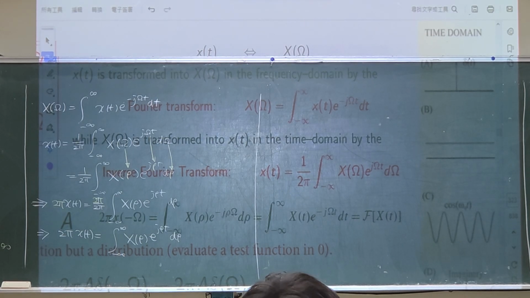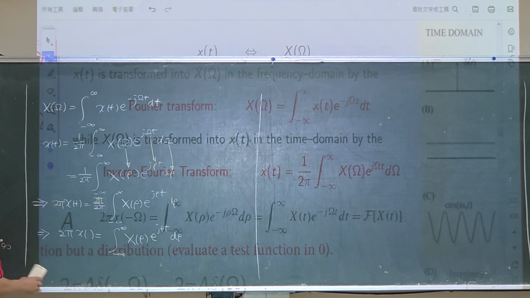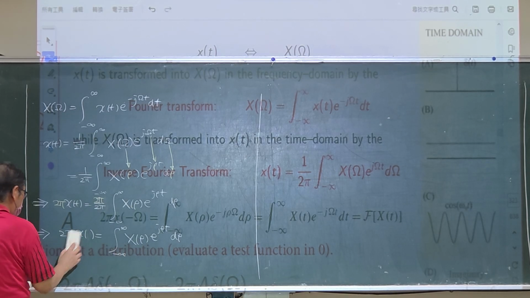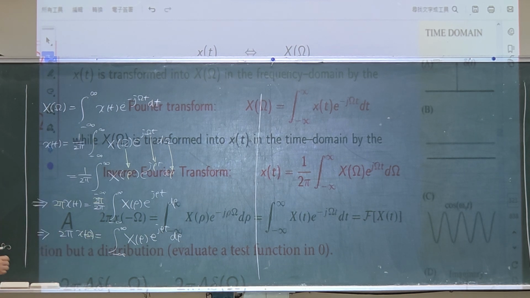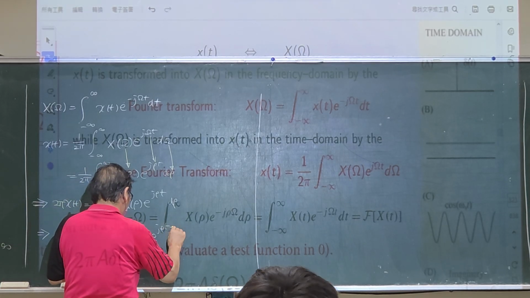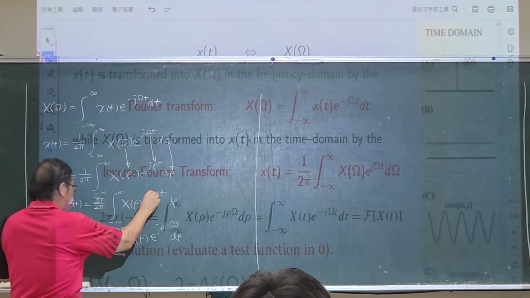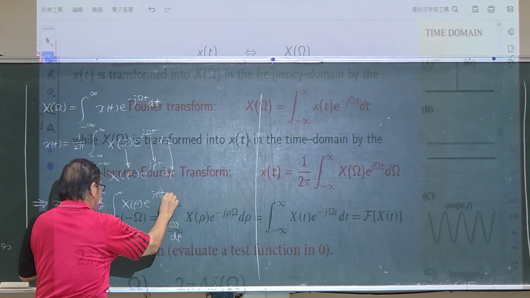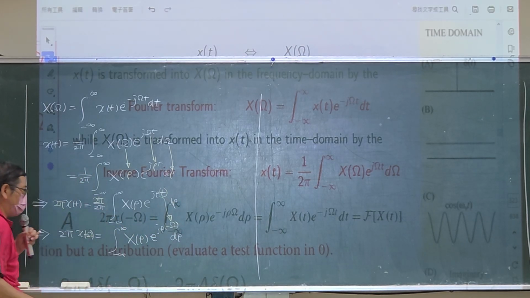Okay? Now, what if I change the argument t? I replace the argument t by something else. Let me call it negative omega. Then I also can change t over here by negative omega. So now the argument t is replaced by negative omega.